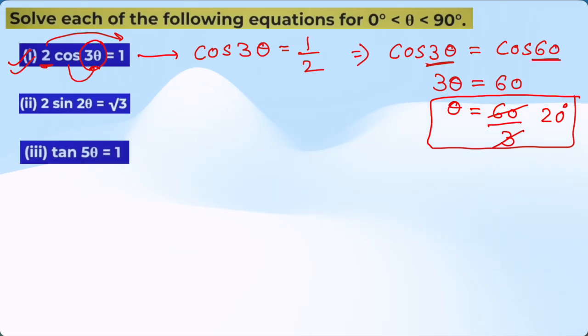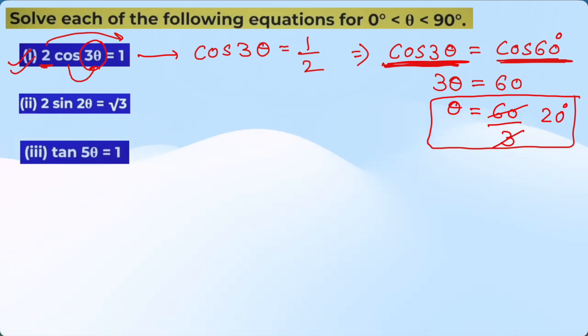We just have to find what is 1 by 2 in terms of cos, right? So this is the value for cos 60 degree. If we have cos 3 theta on one side and cos 60 degree on the other side, we can compare the angles as we already discussed.